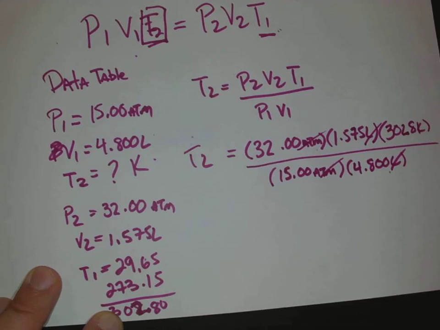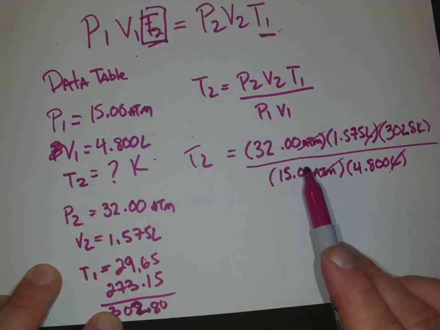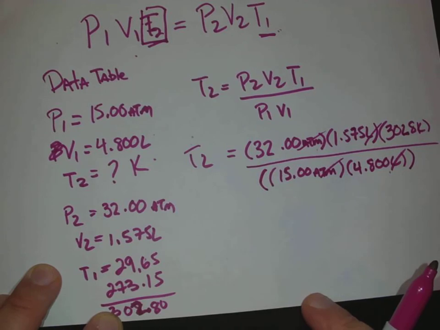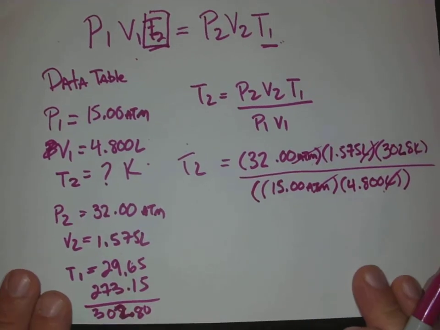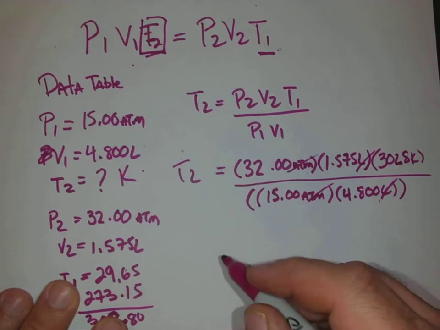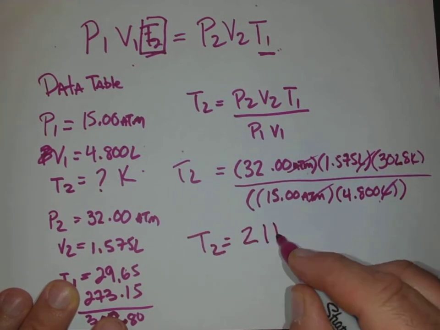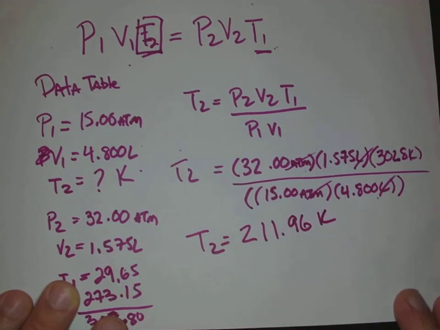And we want to solve for T2, and if you did this correctly, now again, when you are dividing these two numbers, make sure that you multiply these two numbers first, or make sure they're in parentheses in your calculator. So what I got for T2, hopefully you got the same thing, is 211.96 Kelvin. And that is the combination gas law.